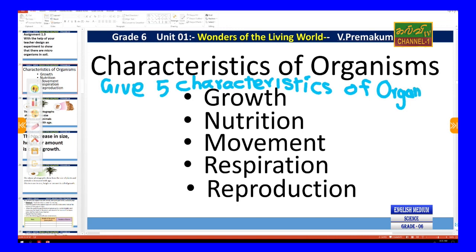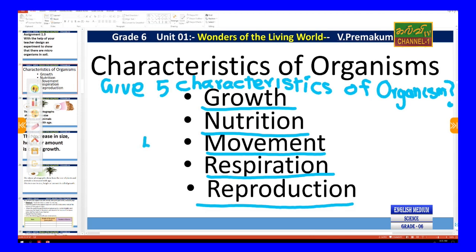Those are the same questions. At that time you have to write growth, nutrition, movement, respiration, reproduction. There are 5 points I have indicated in your textbook.